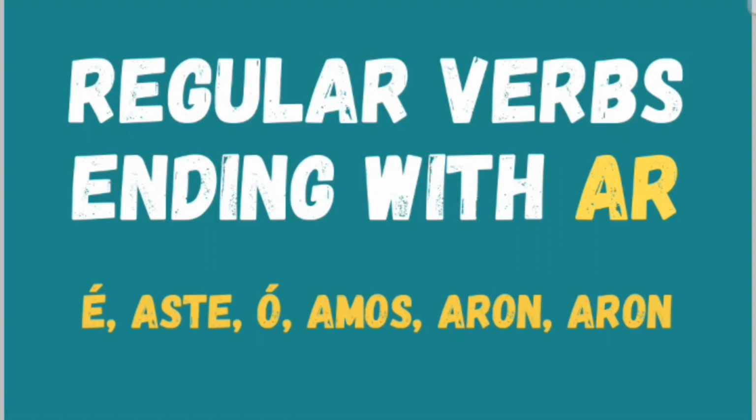in Spanish. Remember, first we have our personal pronouns. Then next, we're going to have the root of our verb. And then we're going to have the ending of the verb.